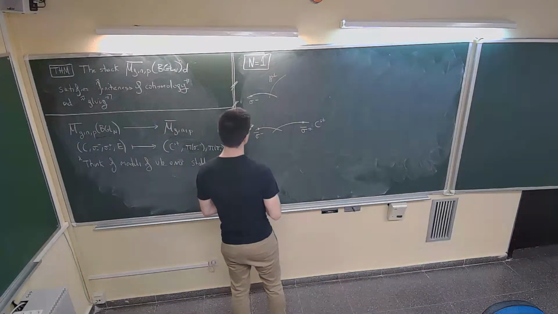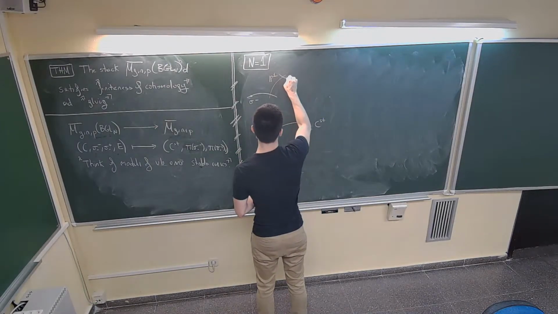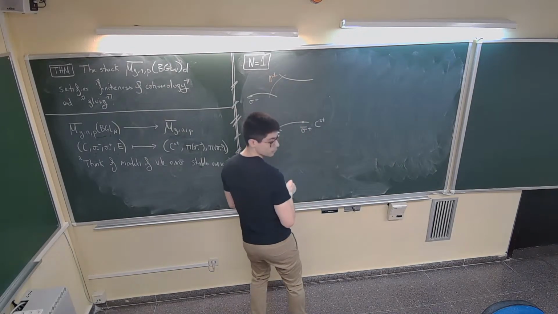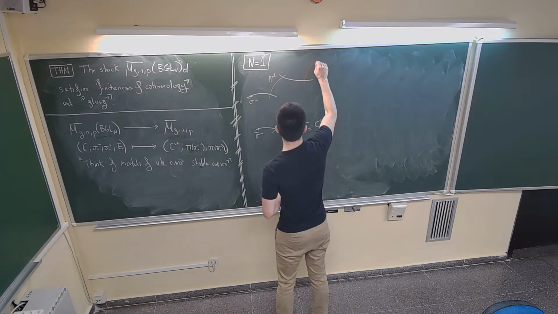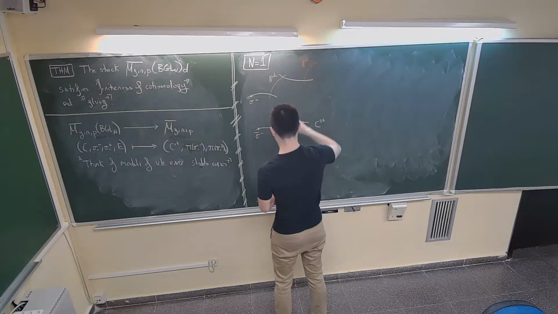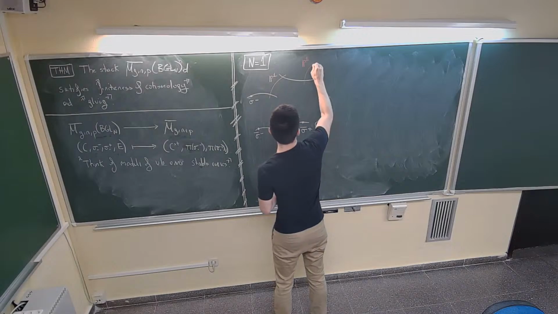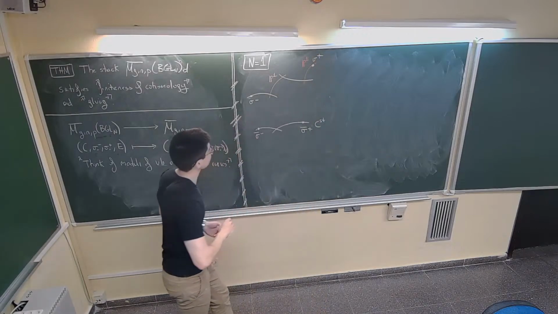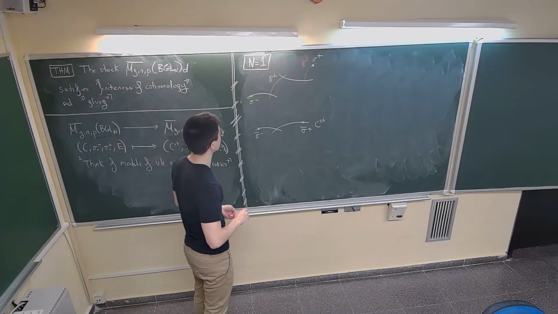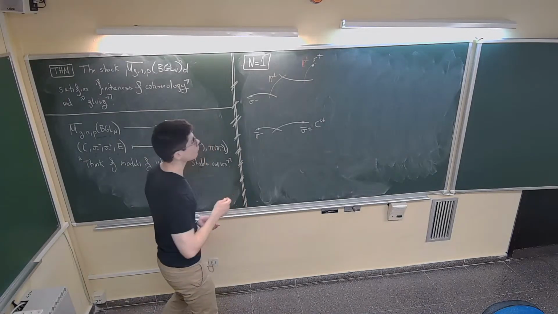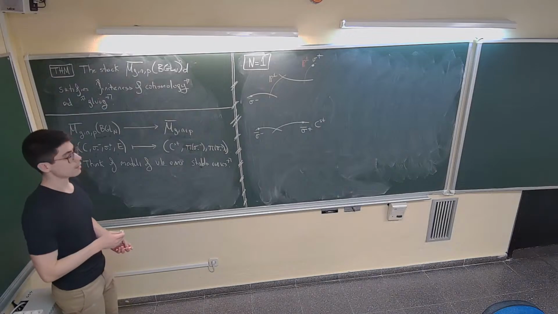So it's going to be a P1. And over the plus marking, you're allowed to sprout a rational tail, and the plus marking is going to be at the end of this P1. You only have one P1, or you could have a... So for n is equal to 1, I'm just going to have one P1.